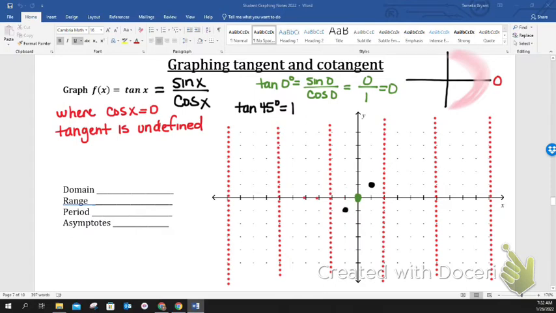So this is what this looks like. One revolution of tangent looks like this. And you can't go through the asymptotes. So we're just going negative 1, 0, 1. Draw your graph.